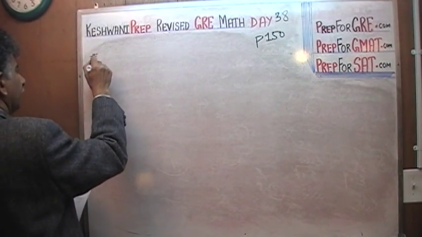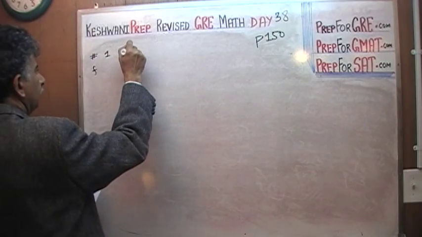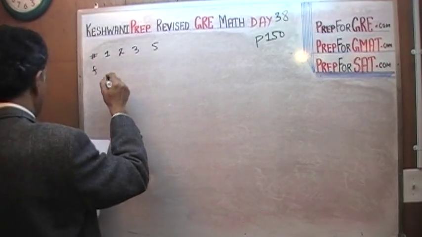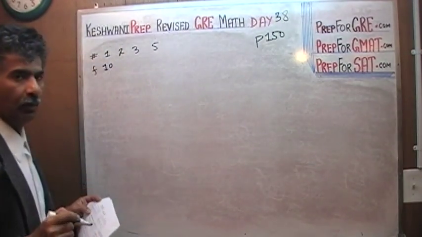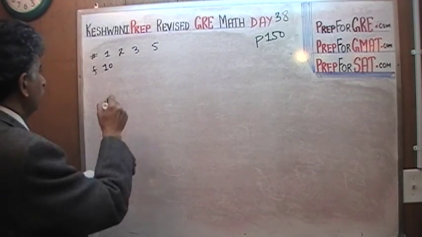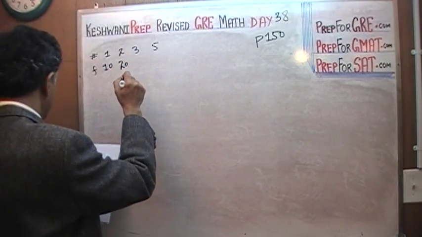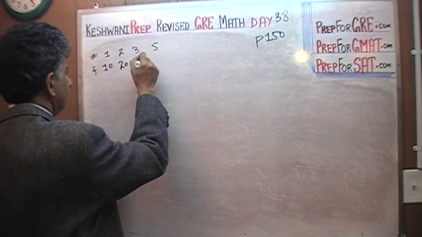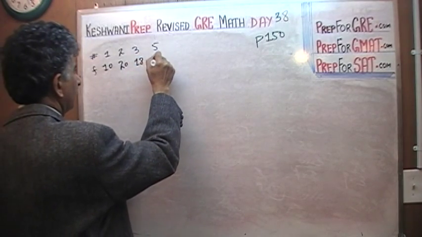Number and frequency: 1, 2, 3, and 5. We are told that 1 appears 10 times, 2 appears 20 times, 3 appears 18 times, and 5 appears 12 times.